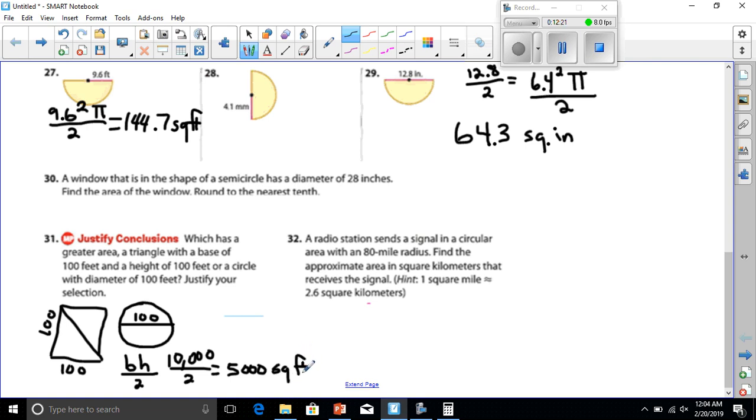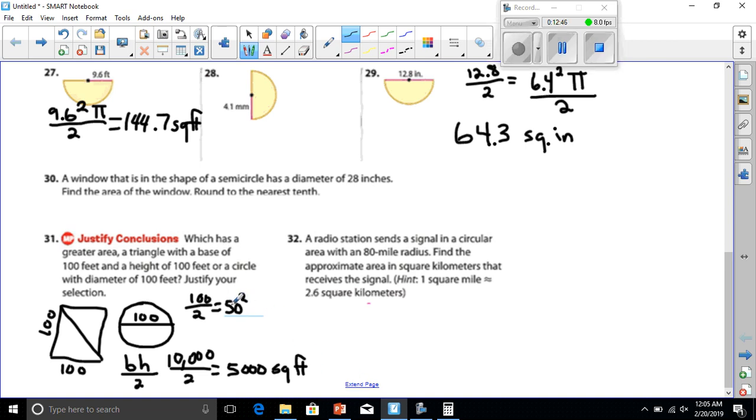Now we have to figure out if the circle is going to be more or less than that. Well, we know we have to take half of the diameter to find the area of a circle. So half of 100 is 50. Now that I know 50 is a radius, I have to take 50 and multiply it by 50.